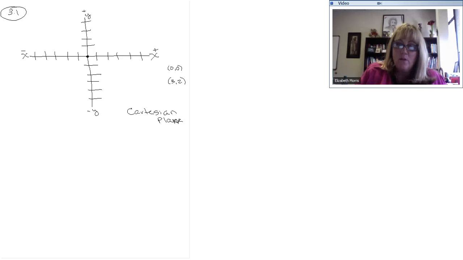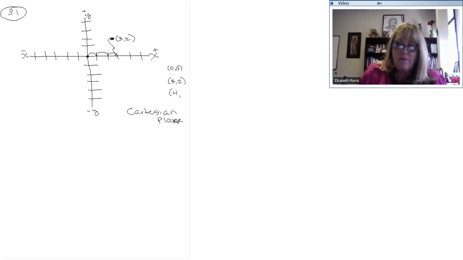So the x number is saying a positive 3. You always start at the origin. You go over 1, 2, 3, and then up positive y, 1, 2. So the point would be here. I made those little lines to show you where I was jumping and moving to.